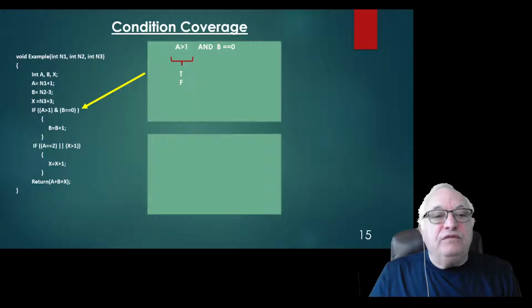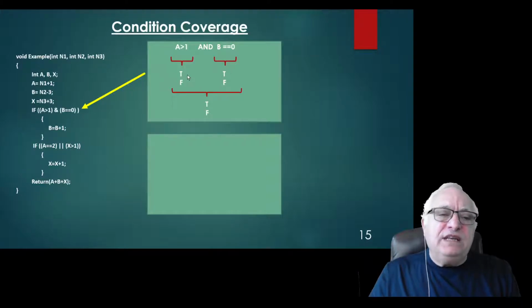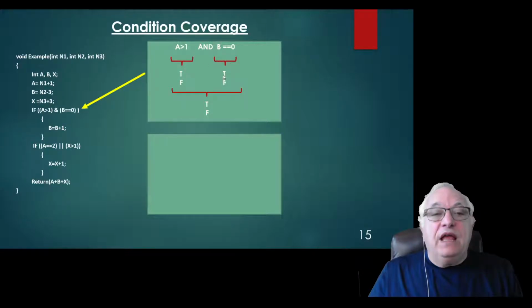So I need true and false for this. Then I need a true and false, and then I have to make sure that the combination of these values gives me a true and false for the AND. So basically, if I take a test case that says a greater than 1 and b equal to 0, then I'm going to meet this true requirement here.